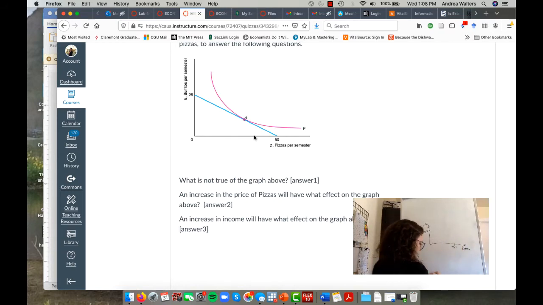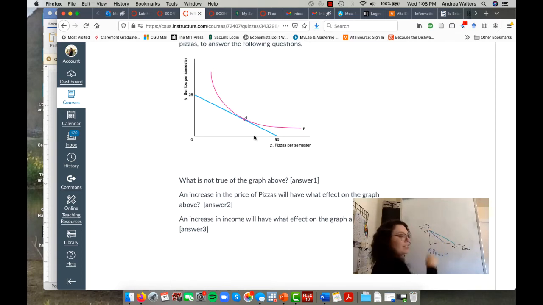on this graph, if we move from here, if we see the price of pizzas go up, an increase in the price of pizza is going to mean our consumer can buy less pizza given their income. So it's going to rotate that graph in.